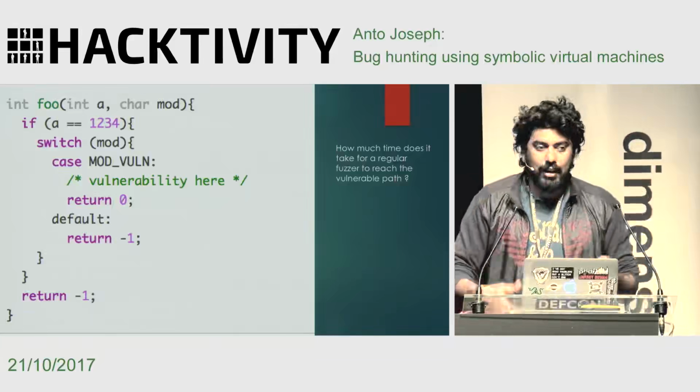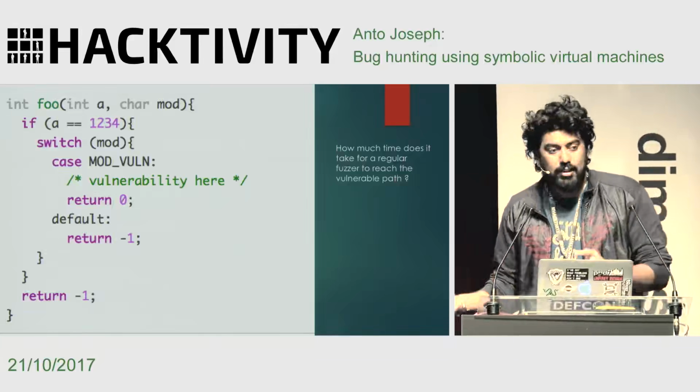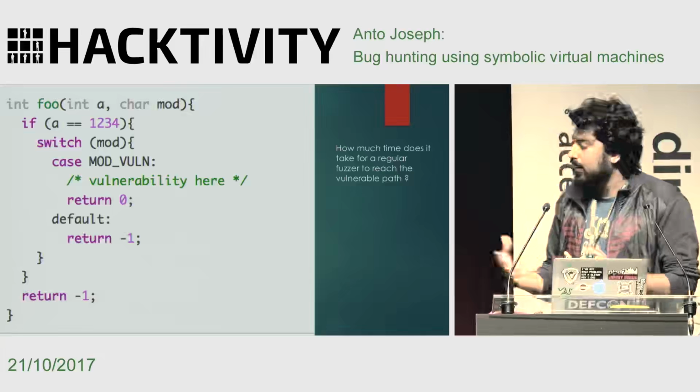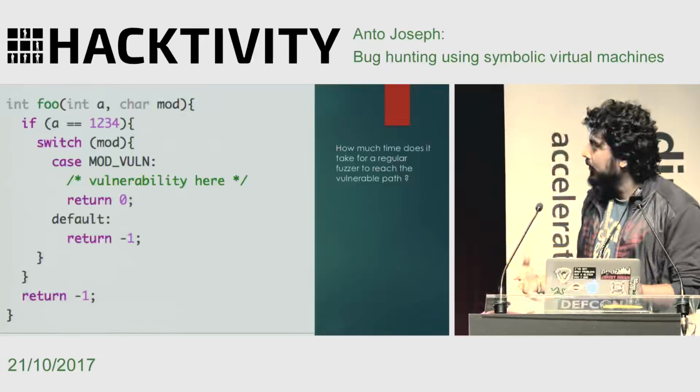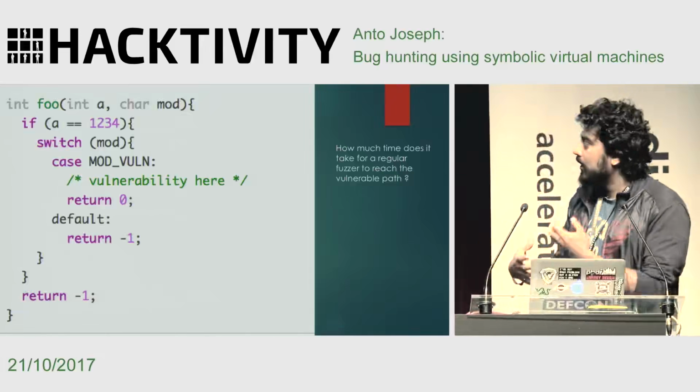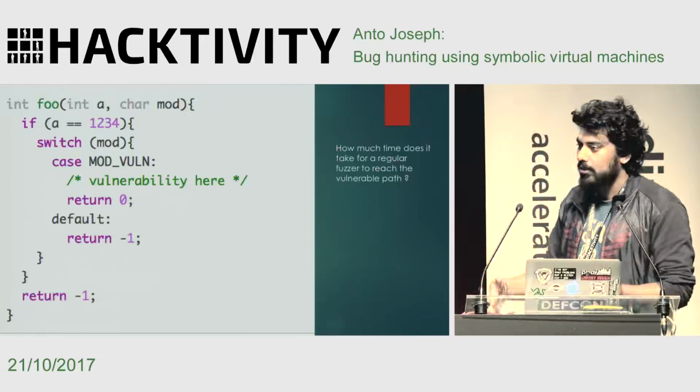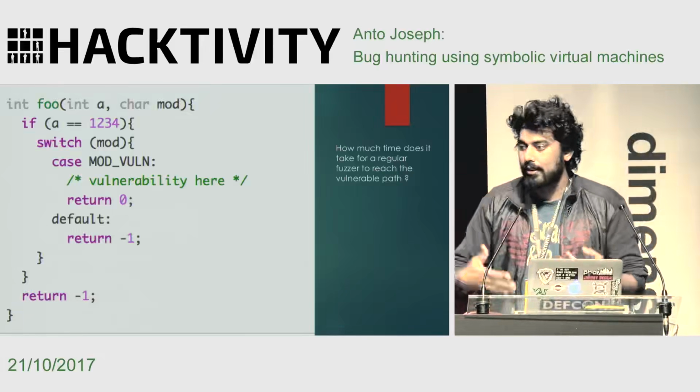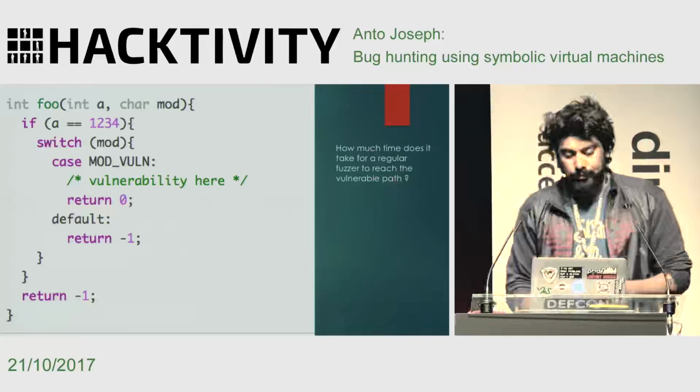Whenever AFL has less interesting paths to explore, they use their symbolic execution engine to feed different, interesting paths into the fuzzer so that the fuzzer can reach more inputs.